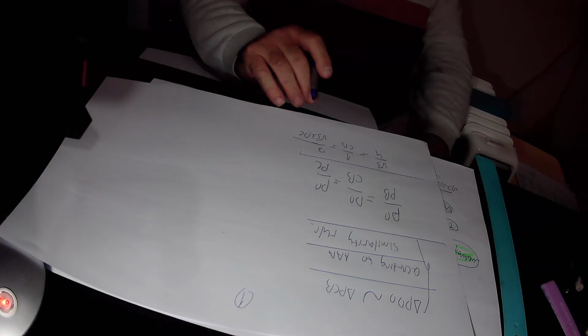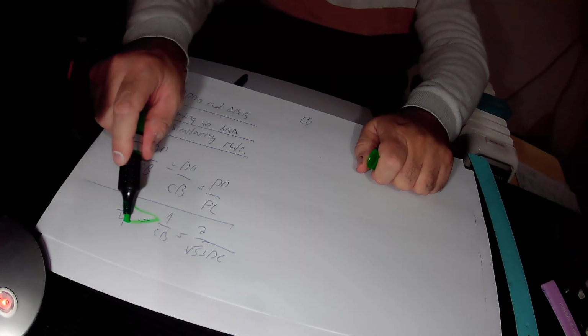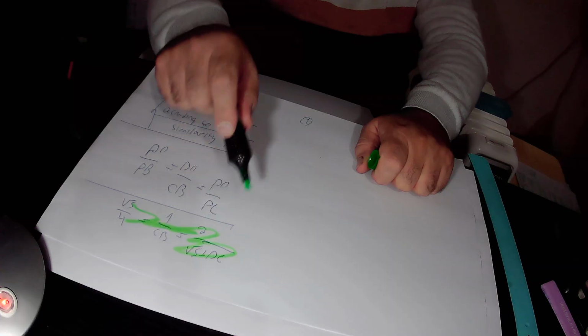In total, you should all know that square root of 5 over 4 equals 1 over CB equals 2 over square root of 5 plus DC.